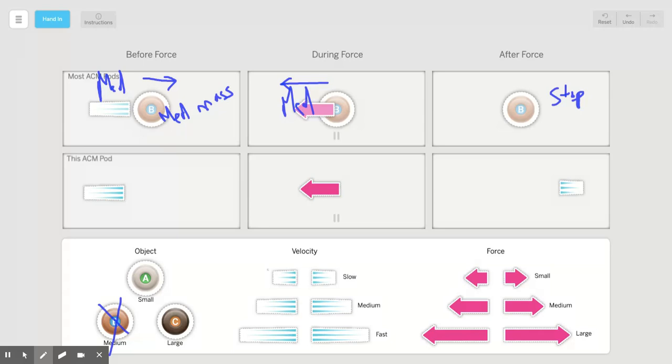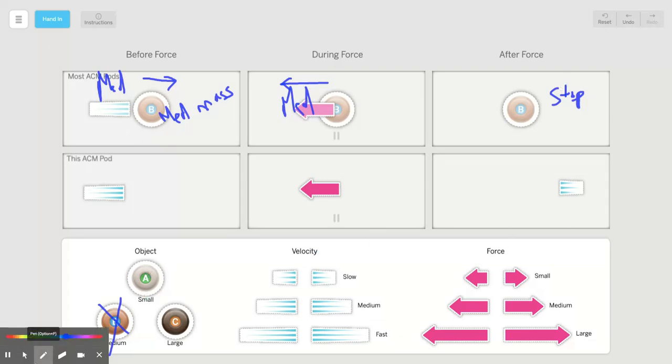We also learned that if two objects are different masses, but they have the same force, the less massive object is always going to have a greater velocity change. So changing direction is a greater change in velocity than a stop.